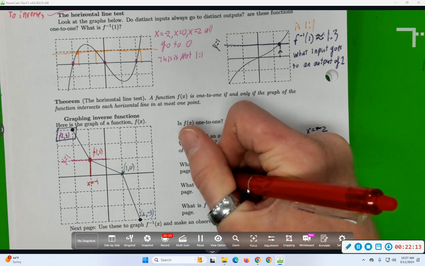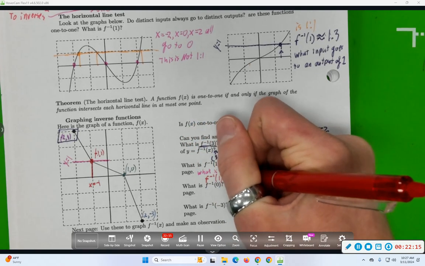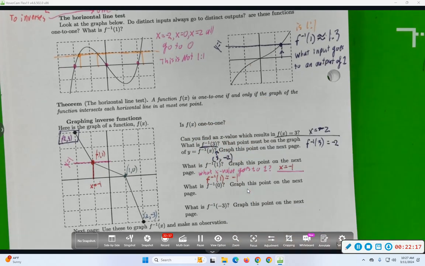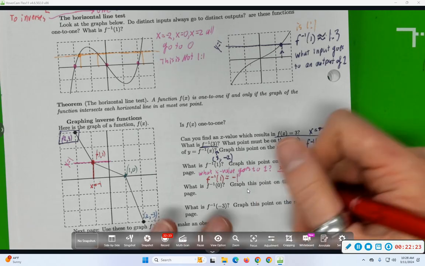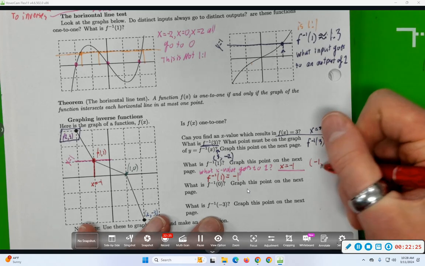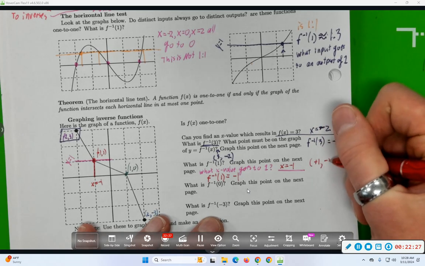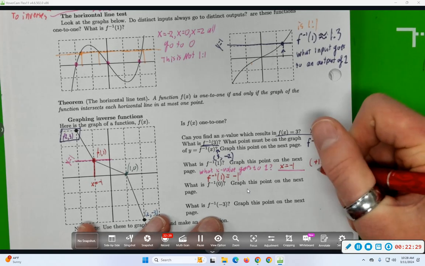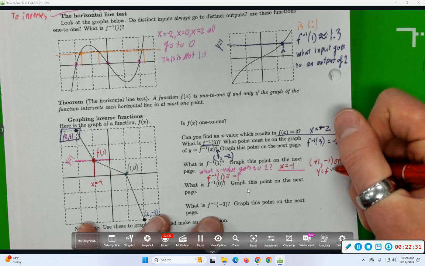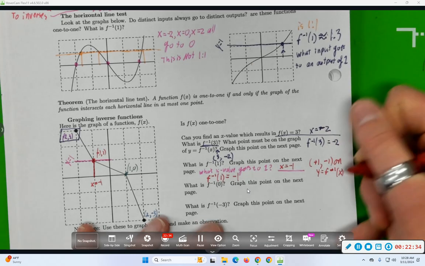So, what's f inverse of 1? It's that x value, it's negative 1. Nice. Let's plot that on the next page. So that means negative 1, comma, 1 is on y equals f inverse of x.